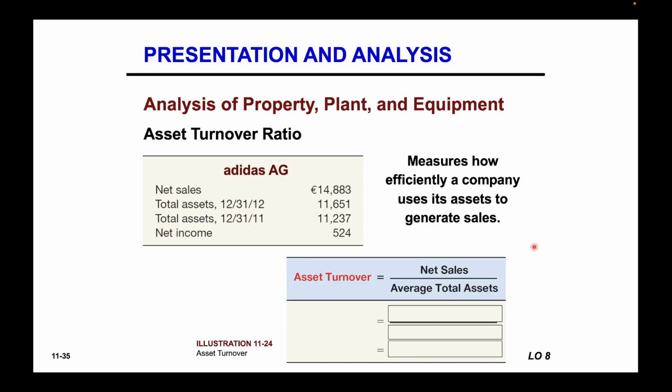Here is an example with data from Adidas AG. Net sales for the year were 14,000 million something. Total assets at the end of 2012 were 11,000 million, and total assets at the end of 2011 were quite a similar amount, 11,000.